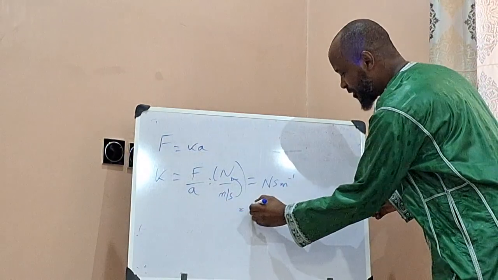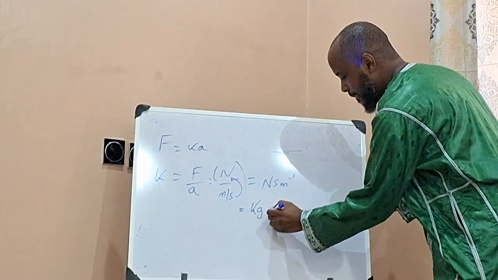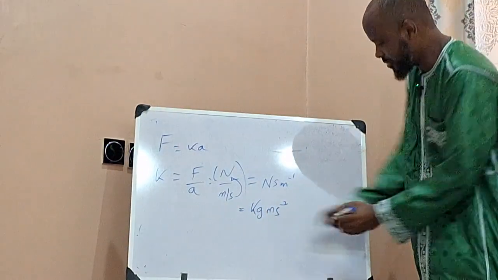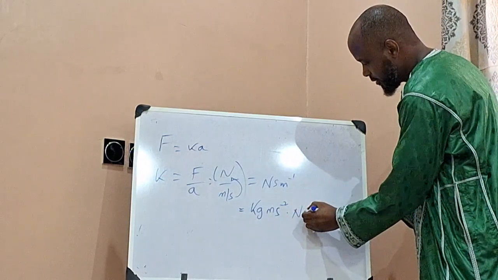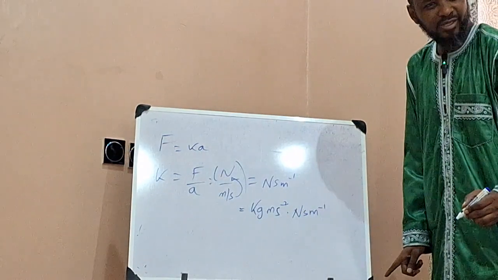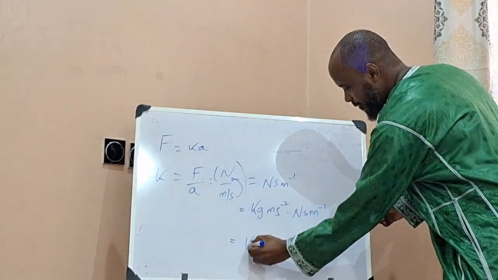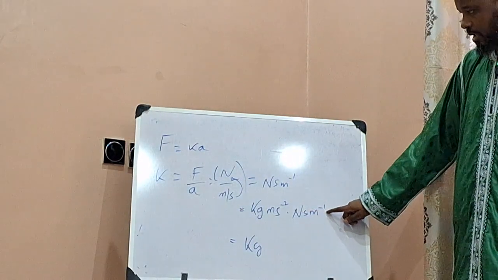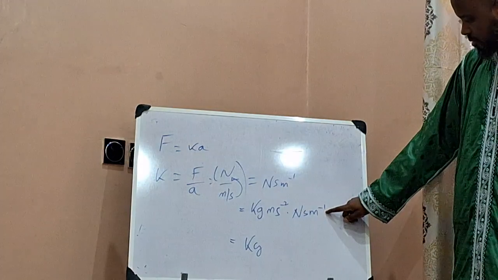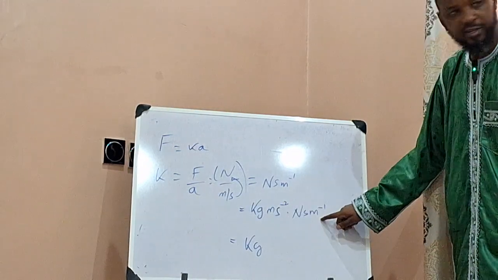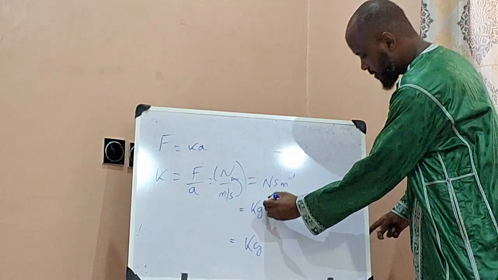Let's quickly do it. What is Newton? Kilogram meter per second squared, isn't it? This is Newton times Newton second per meter. So simple indices, right? We have kilogram, meter, and then per meter. It's going to cancel, right?